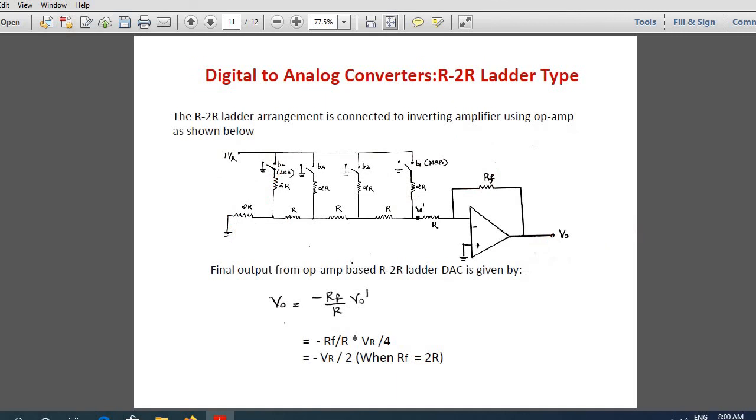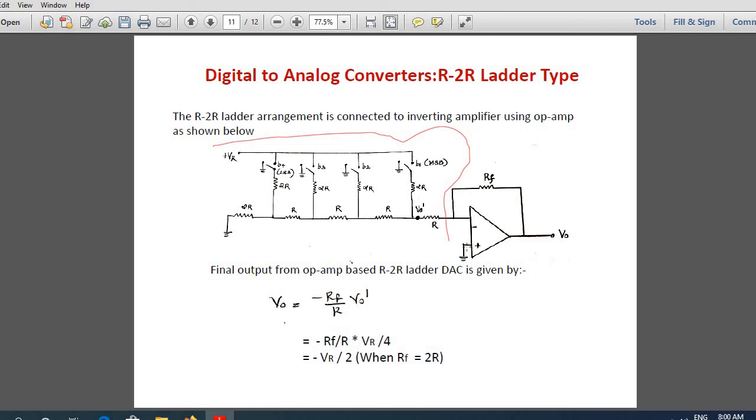So far I have told you only about a ladder arrangement. Now see how this is connected to an op-amp. This entire arrangement that we have seen till here is connected to an op-amp with a feedback resistance.